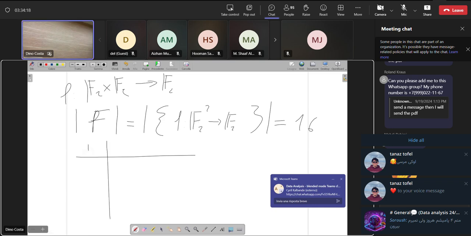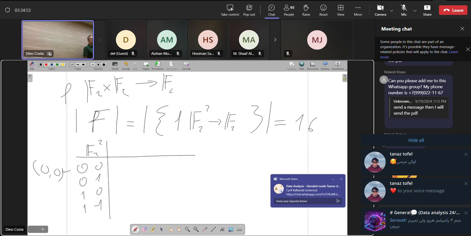nicest one. So here as a domain, we have F2 times F2. In information technology, we write 00, 01, 10, and 11. Pay attention that the mathematician in this case represents it as a pair, okay? So this is a synthetic way to write an element in F2 times F2.